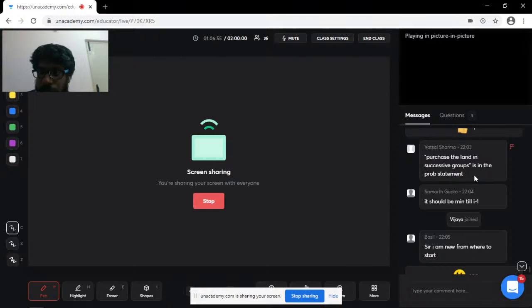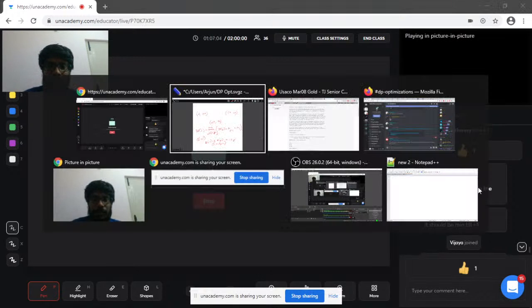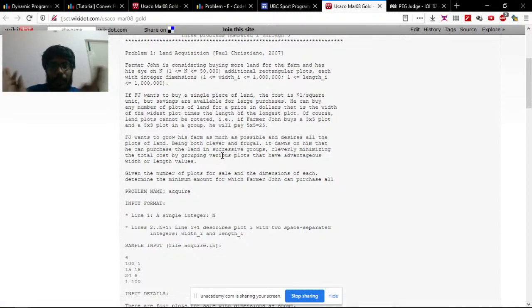Purchase the land in successive groups is in the problem statement. It's not consecutive groups, but I think by successive groups they mean successive as in one after the other. It doesn't mean the grouping has to be consecutive.